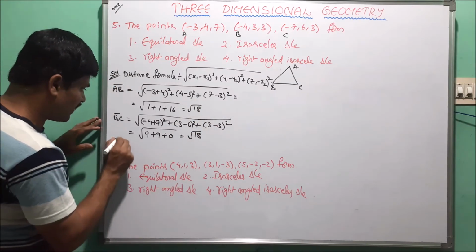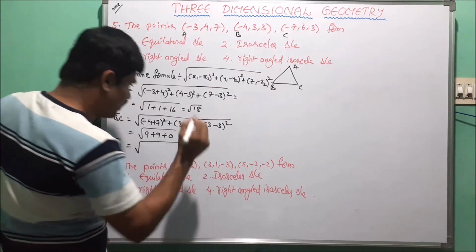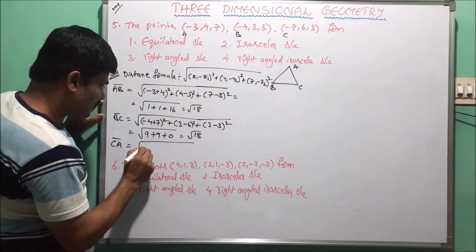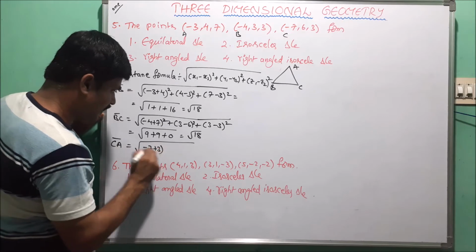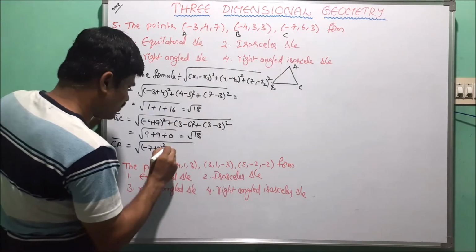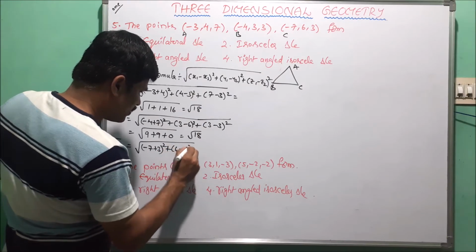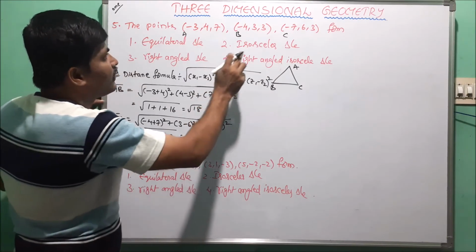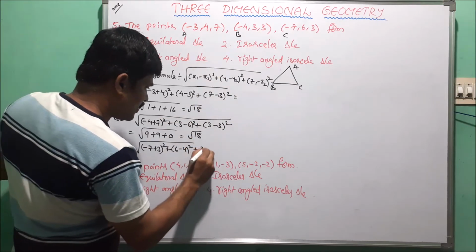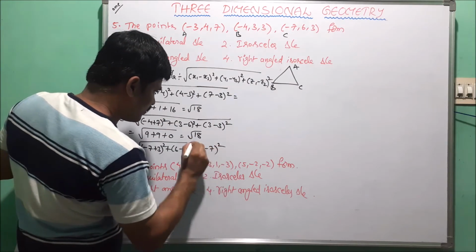Similarly to find CA. Square root of (minus 7 minus of minus 3) whole square, minus 7 plus 3 whole square. Similarly (6 minus 4) whole square, (3 minus 7) whole square.